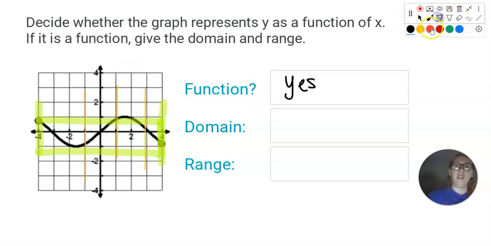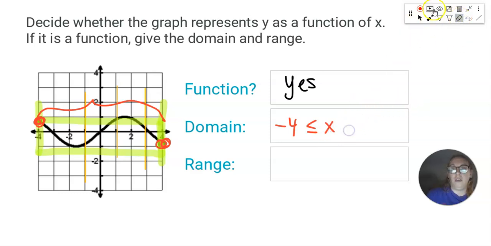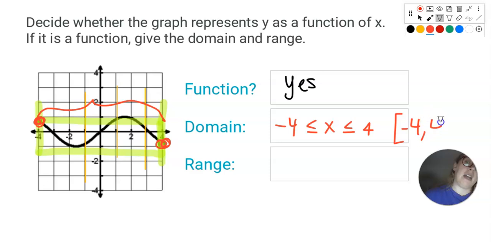It goes from -4 to 4. -4 is our smallest x value, all the way over to +4. We can write it as an inequality, or using brackets. I'm doing both. You can do whatever is easiest and best for you.